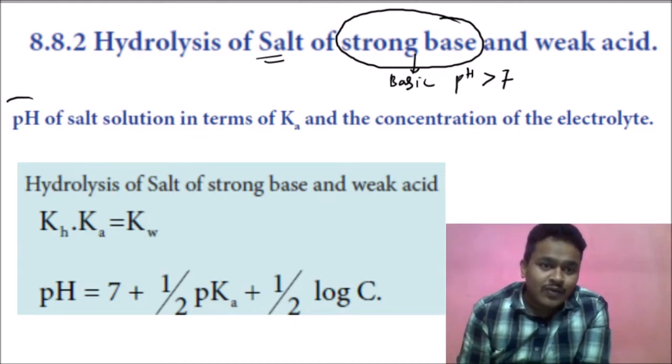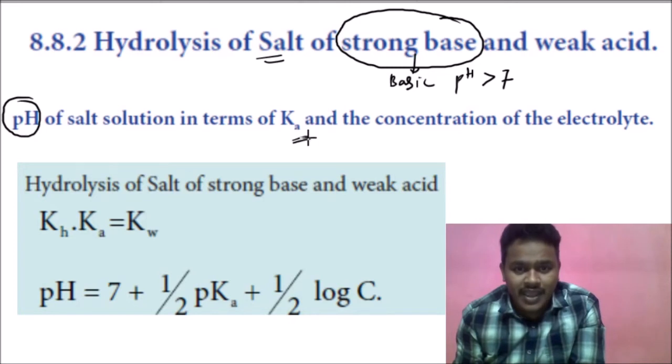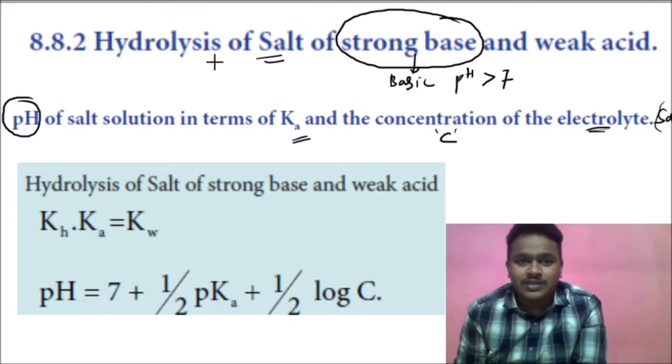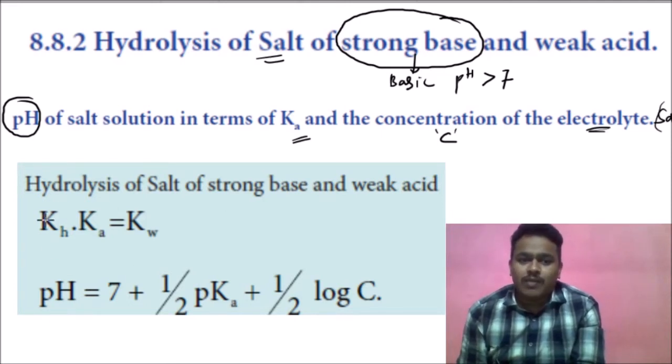Now we are going to derive the pH in terms of Ka and concentration C of the salt. This concentration of the electrolyte means this electrolyte is nothing but the salt in this case. So these two relations we have to remember. Now we are going to derive, but derivation we can understand.